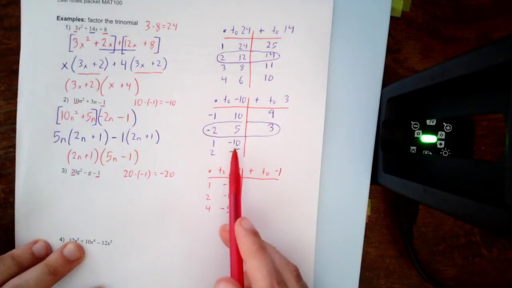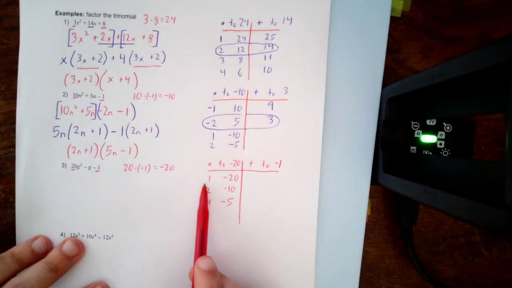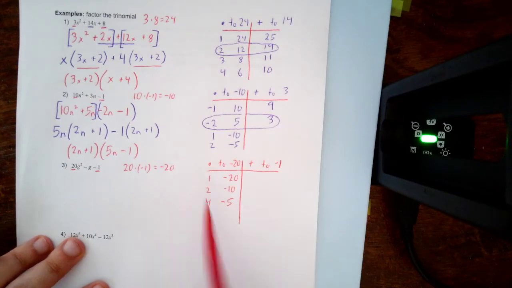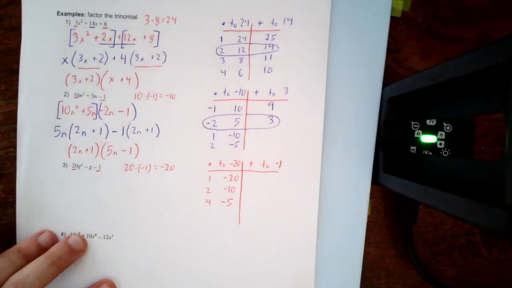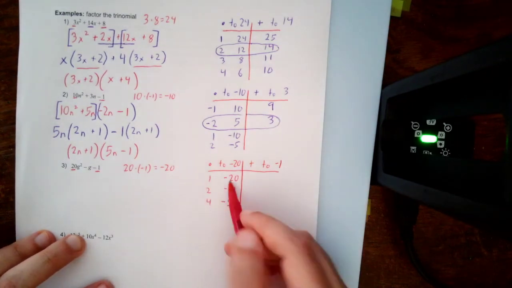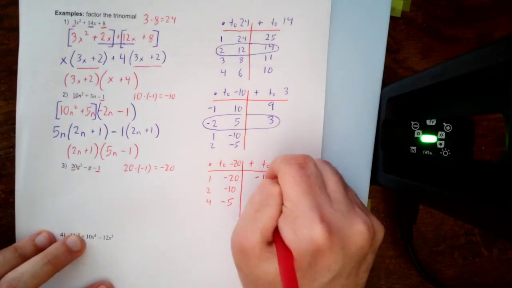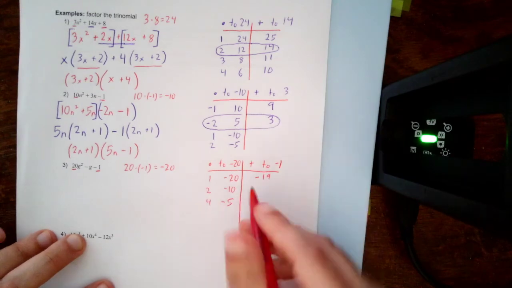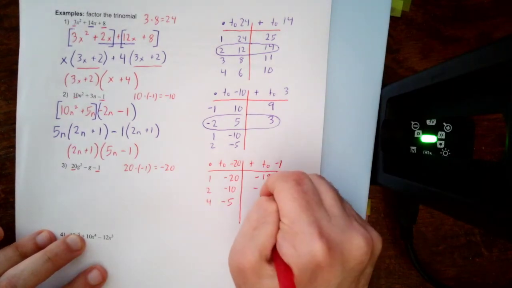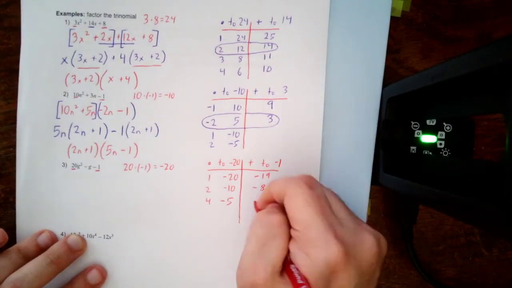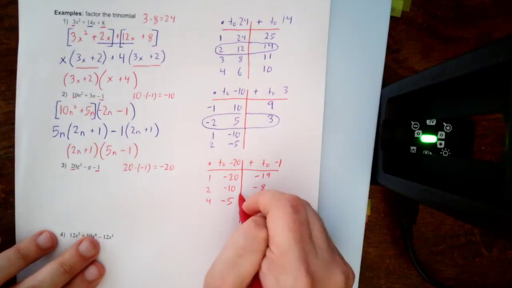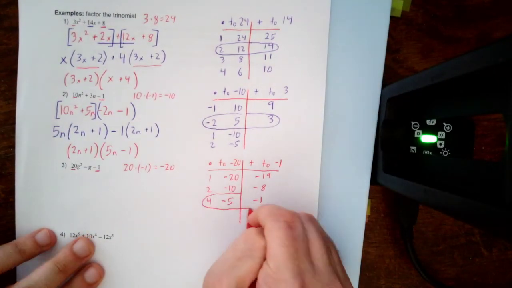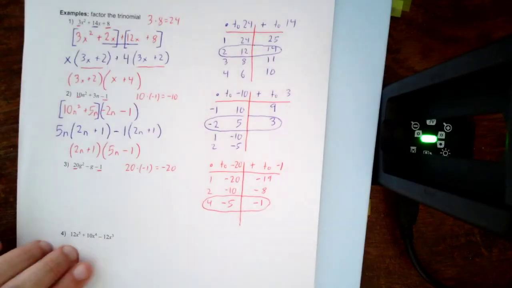Just like before, we don't need to consider the case where the smaller number is negative this time. We only have to look at the bigger number. Now, 1 plus negative 20 is negative 19. 2 plus negative 10 is negative 8. And 4 plus negative 5 is the negative 1 we were indeed looking for. This row here tells us the values we must use.